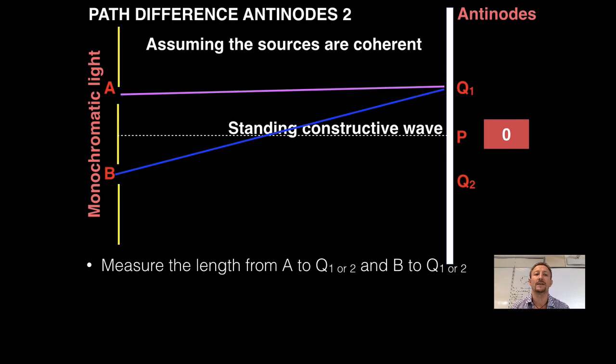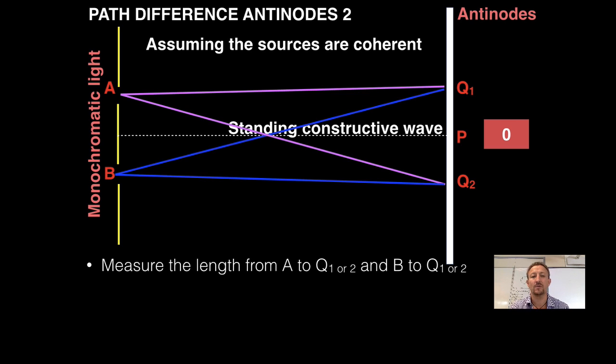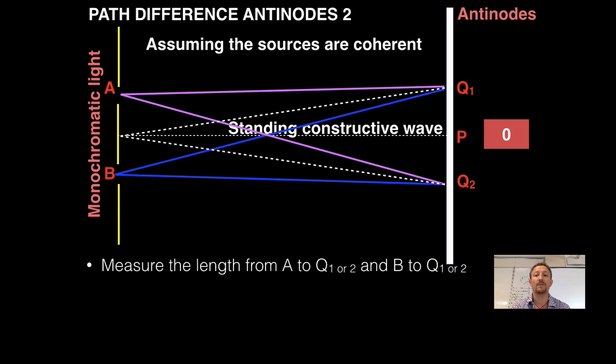If I do A to Q1 minus B to Q1, that will give me a path difference, but I can also do A to Q2 minus B to Q2, which will give me the same path difference. One will be negative, the other positive. All that means is it's either above the 0 order or below the 0 order. Both of those will produce a standing wave as they interact. Remember, they're coherent, so they will be in phase with each other, and hence they'll produce an antinode.